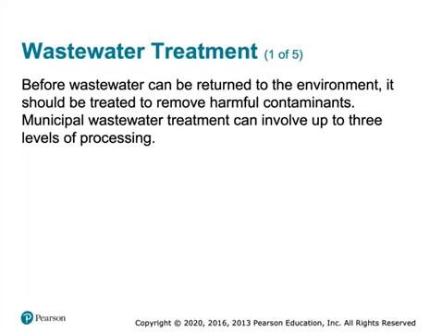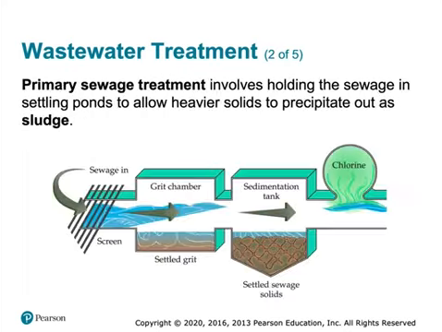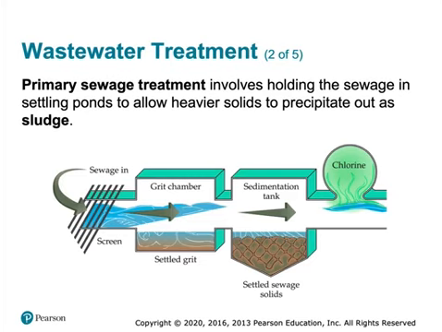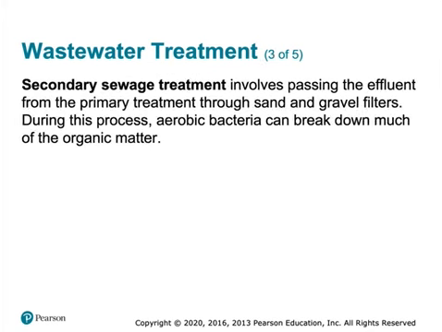Also, before we return water to the environment, it should be treated. There are various levels of processing: primary, secondary, and tertiary. Primary treatment is just to remove the solids. Chlorine is not necessarily used in the primary.